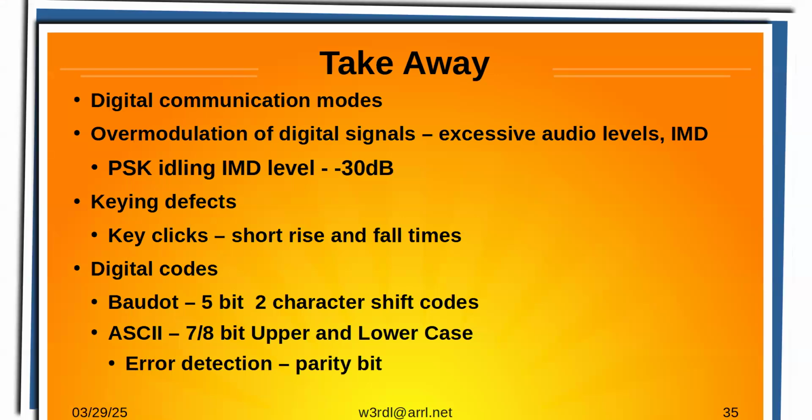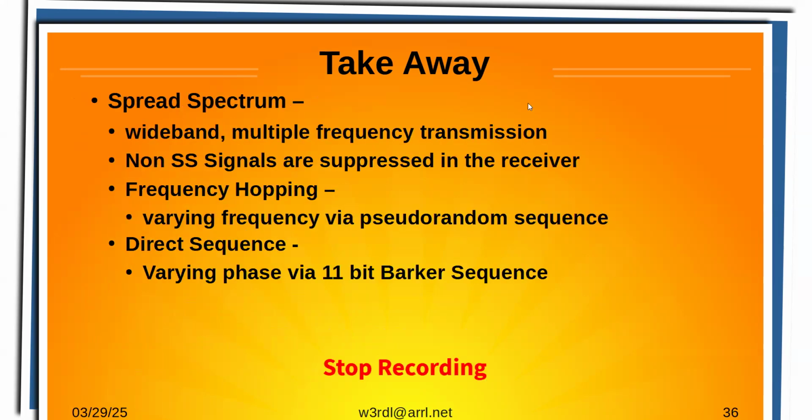We talked about the difference between Baudot and ASCII and the error detection, which was usually a parity bit. Baudot has no parity bit, so you don't know on Baudot. And there's no retransmission on something like RTTY, right? You decode it or you don't.